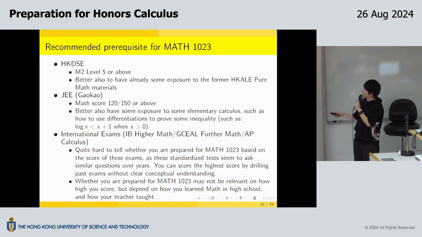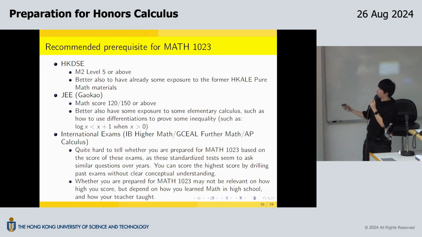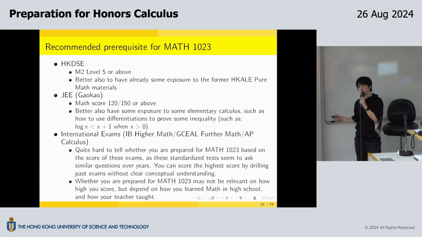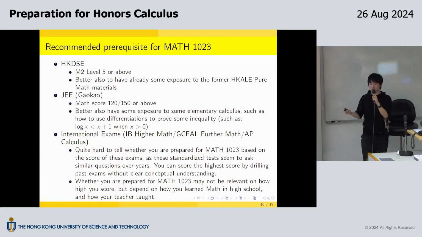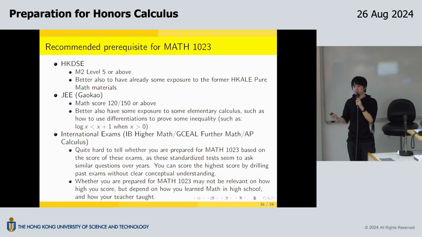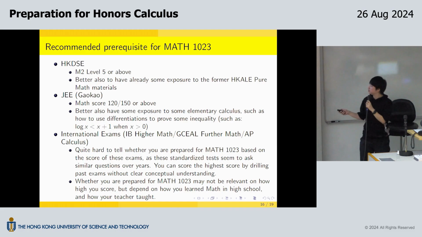Whether you are prepared for the honor version of calculus may not be relevant to how high a score you achieve, as these exams are standardized exams with similar questions over the years, but the honor calculus is quite different. It is not testing your memory, but your understanding behind the concepts.